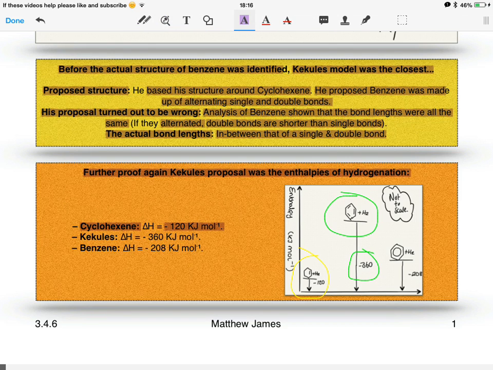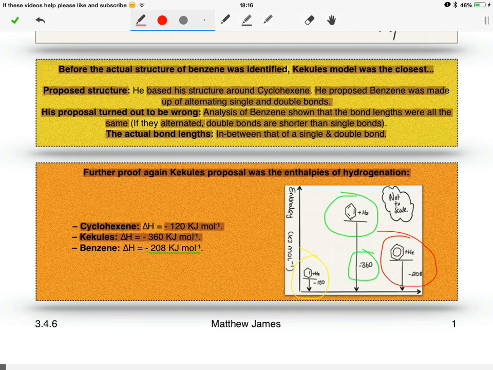And that is what I've written here. However, in reality, the enthalpy of hydrogenation of benzene is minus 208 kilojoules per mole. So on my diagram here, that's here, and that's further proof that the alternating single and double bonds cannot be true.